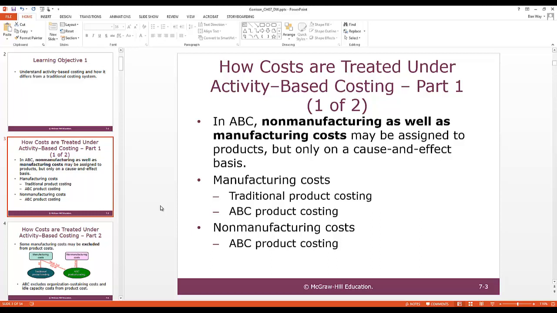So our manufacturing costs, if we think back to our traditional product costing, that's direct materials, direct labor, manufacturing overhead. Those were the only things that were being assigned to products under that traditional costing. Again, in activity-based costing, we may be assigning some non-manufacturing costs to products, and we also might be skipping some manufacturing costs.